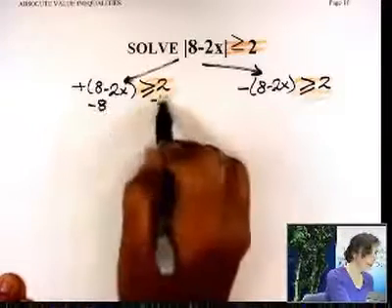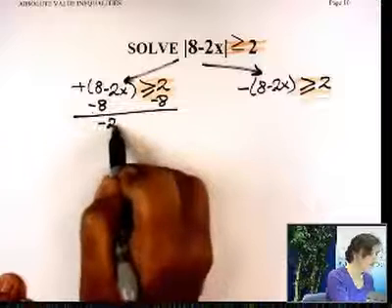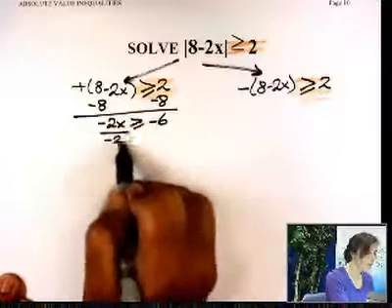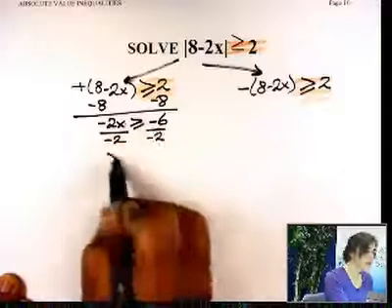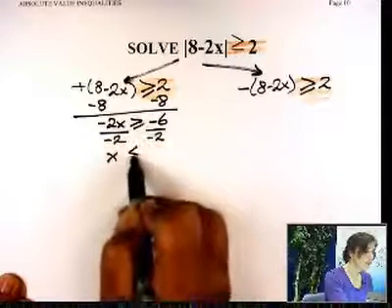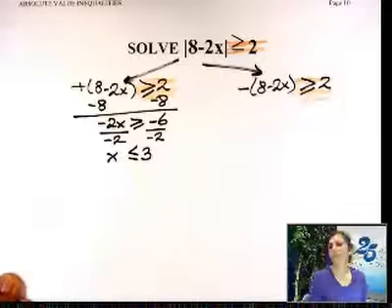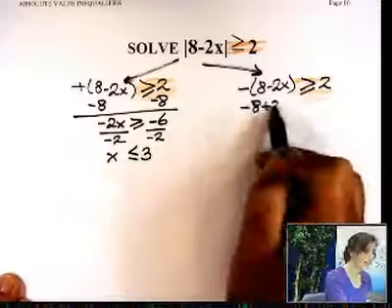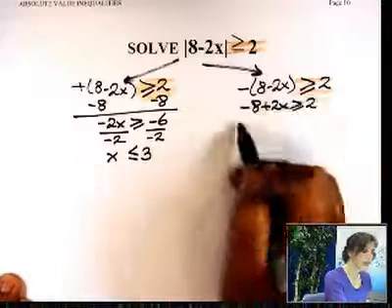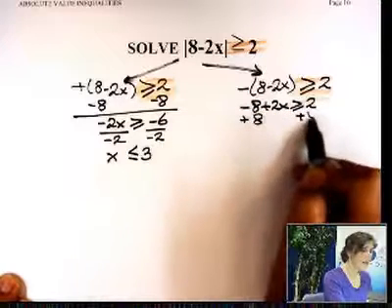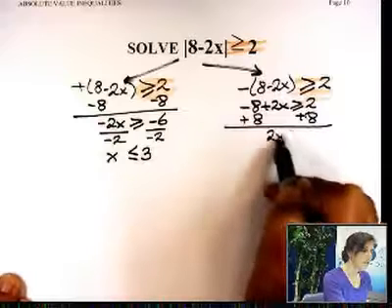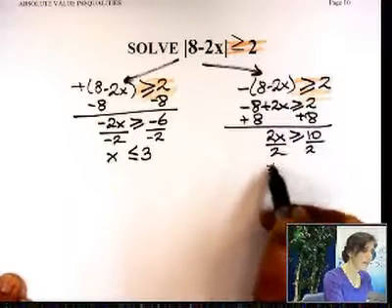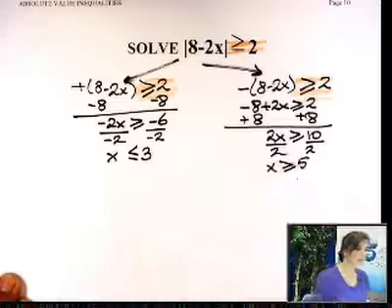Negative 8, negative 8. Negative 2x greater than or equal to negative 6. Divide both sides by negative 2. X is, this is going to flip, 3. Okay? How about here? Work the negative in. Add a. 2x greater than or equal to 10. X greater than or equal to 5.